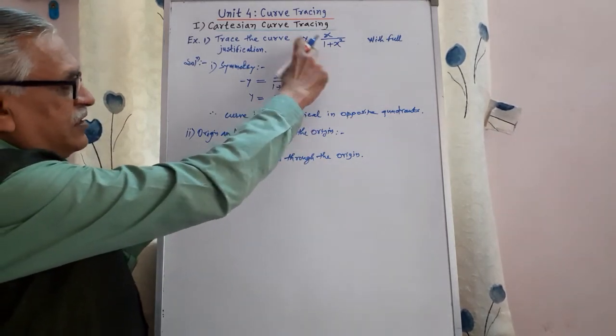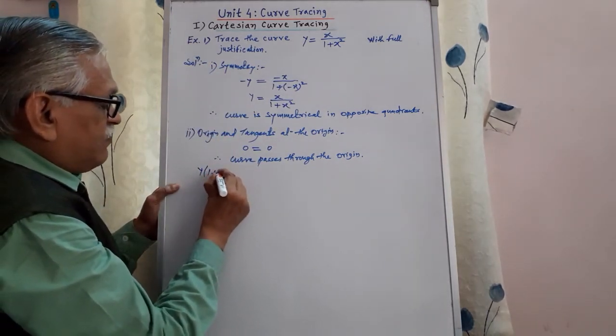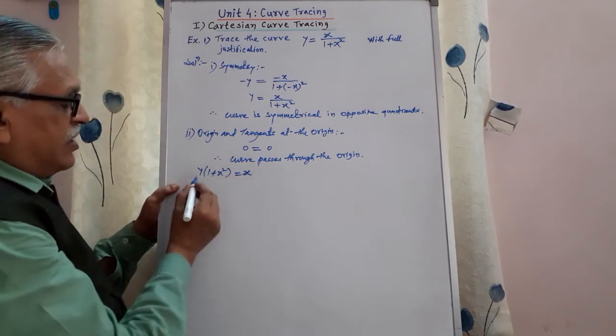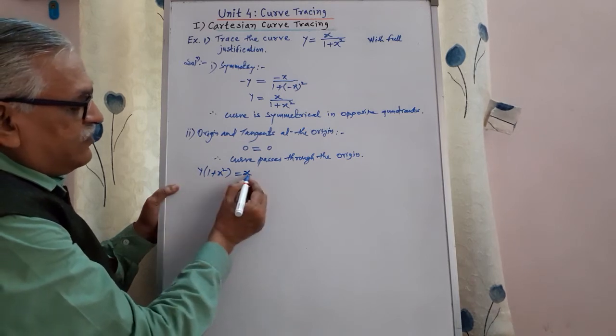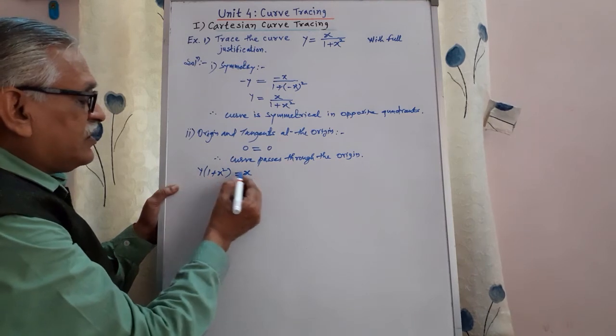Therefore, if we simplify this, it is y into 1 plus x square is equal to x. Degree of first term is 1, degree of second term is 3, and degree of this last term is 1. Therefore, there are two terms with lowest degree.